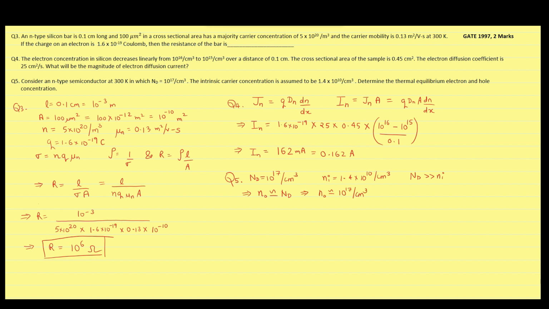And from the mass action law, we have hole concentration equal to the square of intrinsic carrier concentration divided by free electron concentration. After calculating, we will find the value of hole concentration approximately equal to 1.96 into 10 raised to the power 3 per centimeter cube.